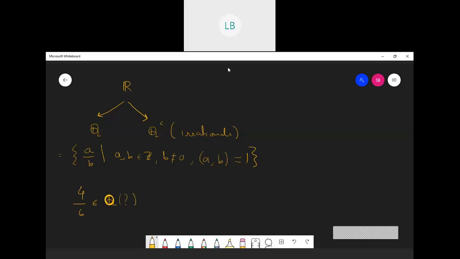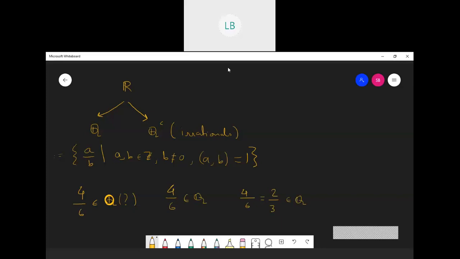Okay, so people are saying yes. So let's see what happens. Correct, 2 by 3 is rational. So you were saying that 4 by 6 is rational, and 4 by 6 is equal to 2 by 3, which is also rational. Now there is a problem here.